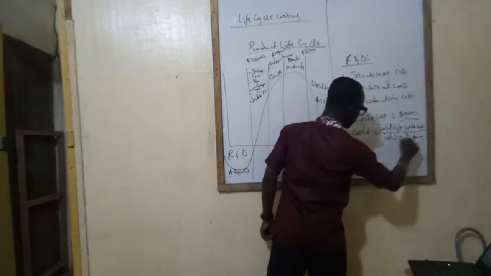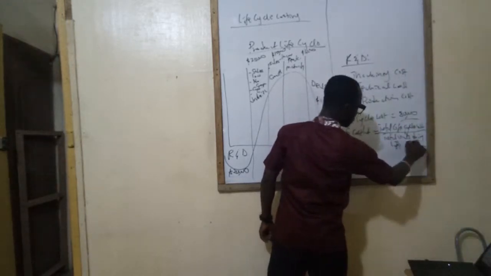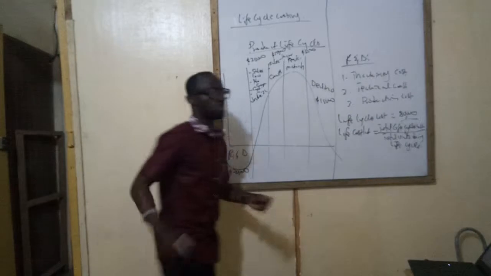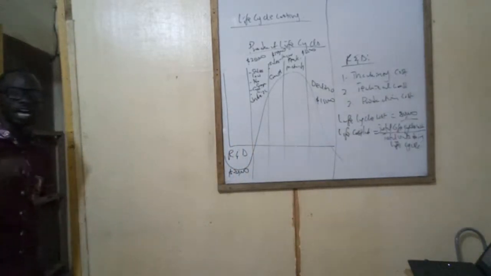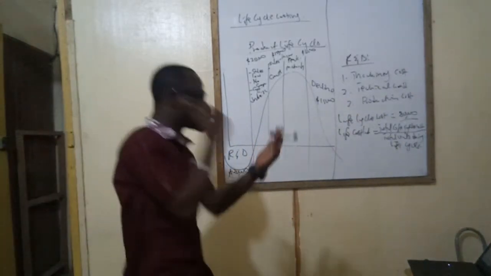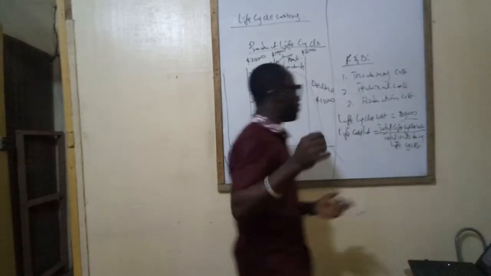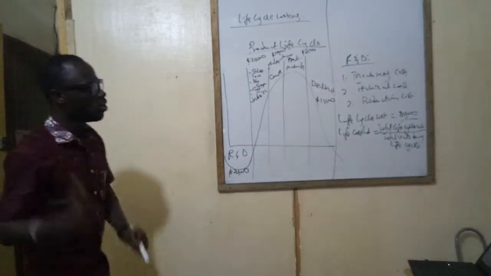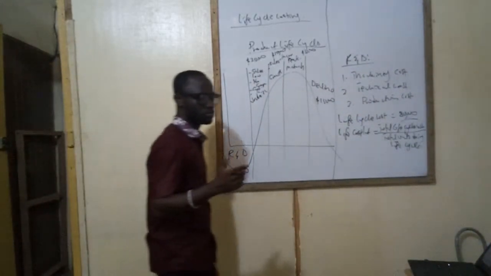The life cycle. So that is how we get the life cycle cost per unit: total life cycle cost divided by the total units over the life of the product.